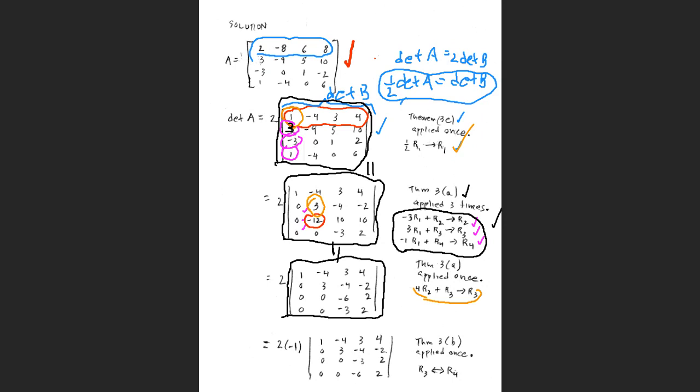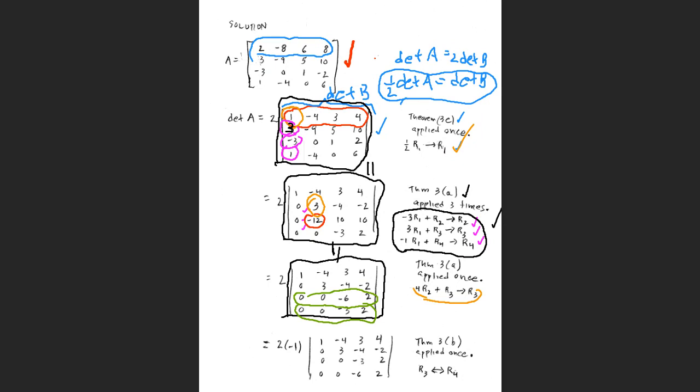Now we've used theorem 3 properties A and C. Let's try property B out. So property B, what did I do here? What I do is I take the third row and the fourth row, and switch the rows.